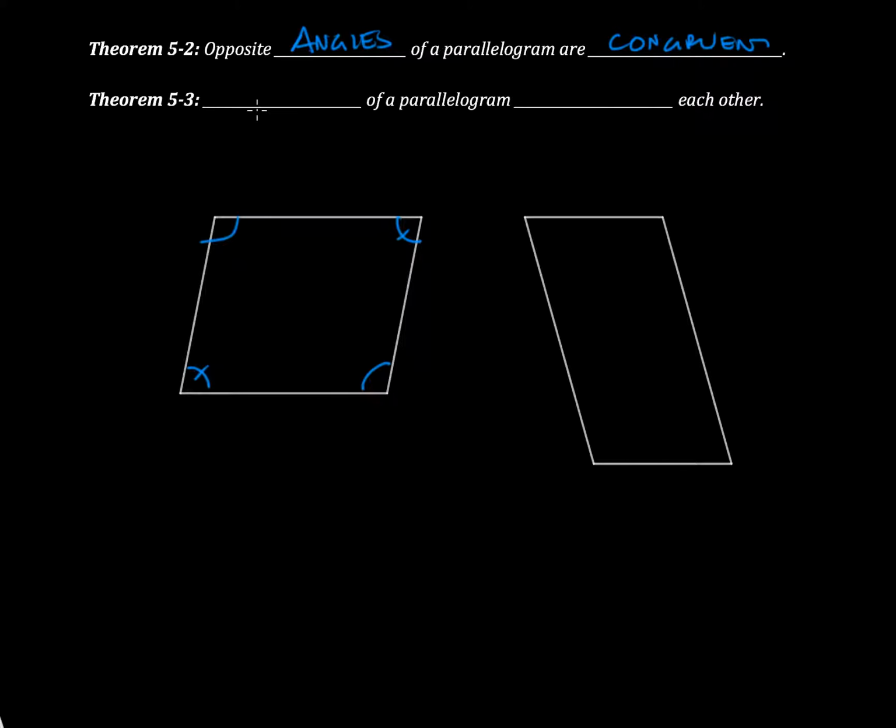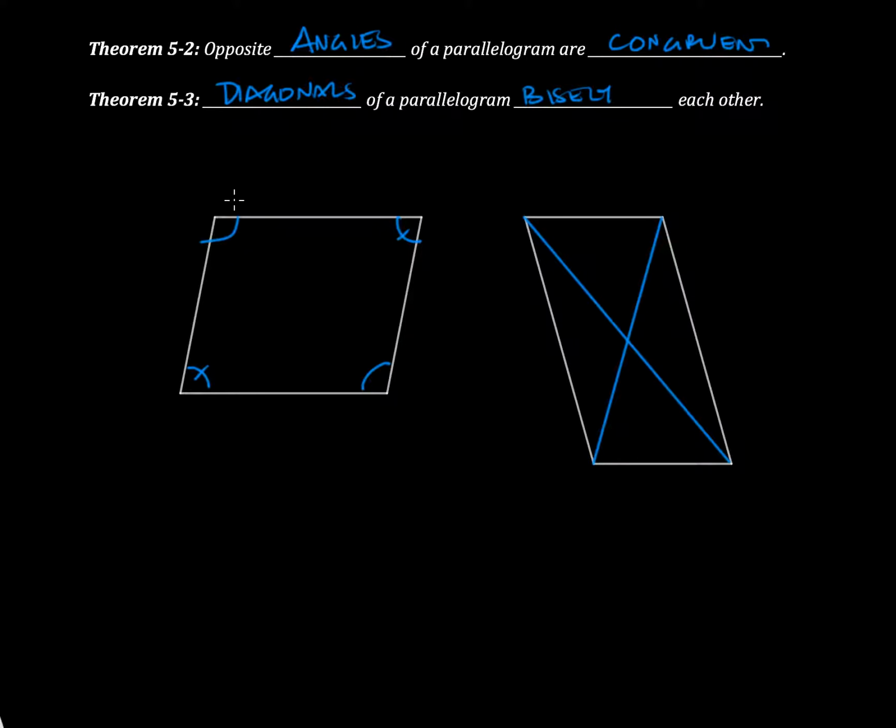In theorem 5-3, we can say that the diagonals of a parallelogram bisect each other. So if I were to add in the diagonals of this parallelogram here on the right, diagonals connect non-consecutive vertices. So in any quadrilateral, you'll be able to draw two diagonals.